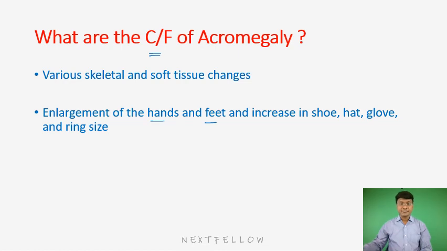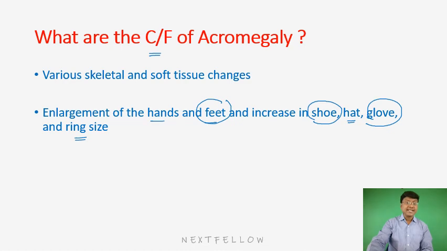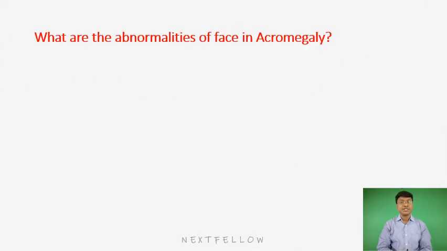Because of the enlargement of the hand, there will be increase in the size of the glove, and because of enlargement of the foot, there will be increase in the size of the shoe. Even the head circumference is increased, so the size of the hat is also increased, and the diameter of the finger is increased, so the ring size is also increased. That is the skeletal manifestations you will observe in patients with acromegaly.